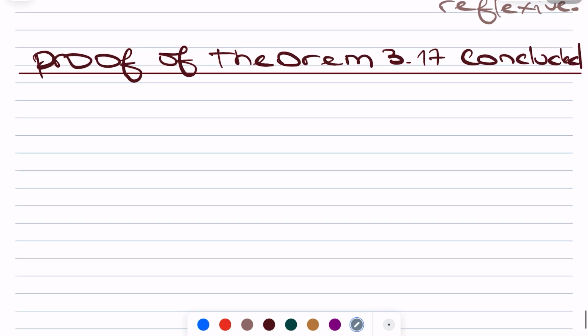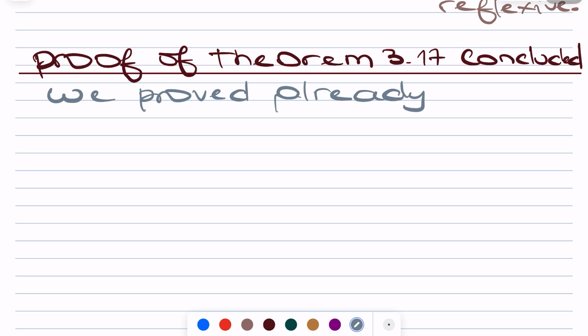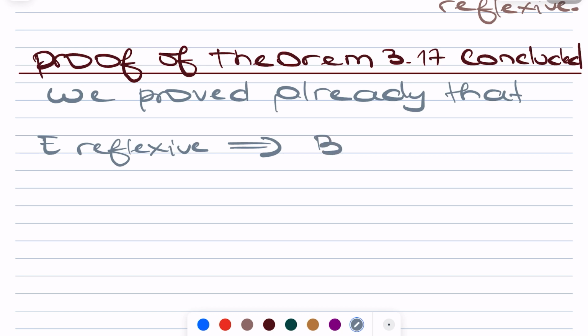We proved already that E reflexive implies that the closed unit ball in E is compact in the weak topology sigma E E star, or it's weakly compact.